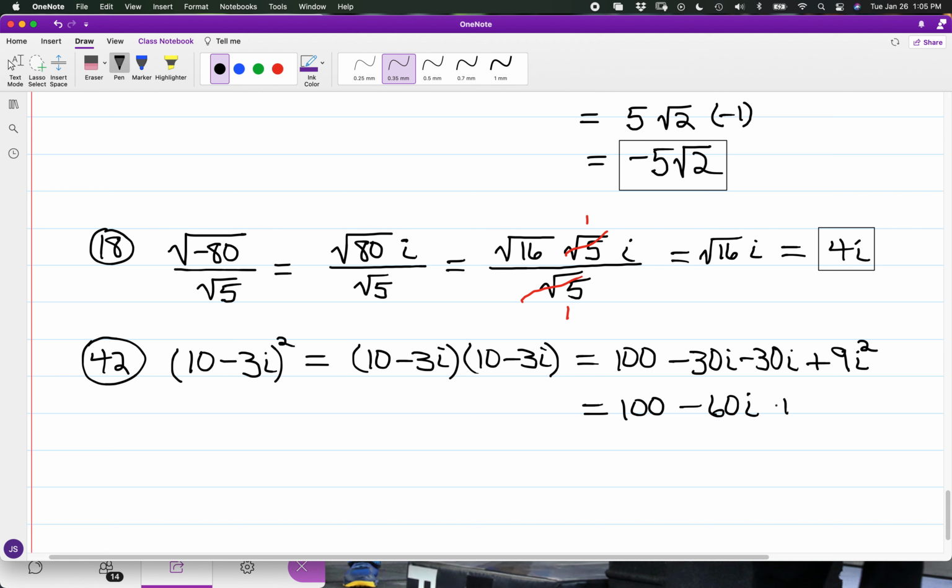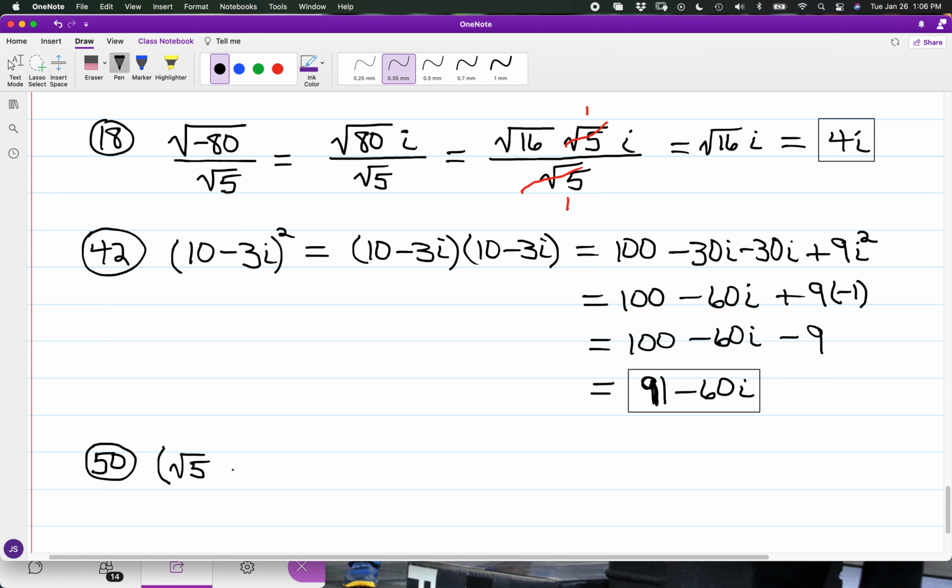Now looking at the next item, in a way we do have conjugates in the mix, and the numbers are displayed in radical terms. So here we have the square root of 5 plus the square root of 7 times i, and we have times the quantity the square root of 5 minus the square root of 7 times i.